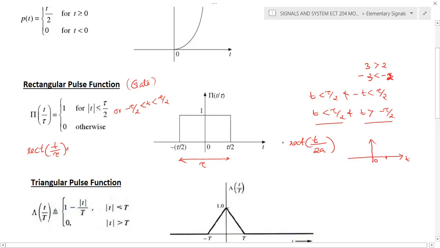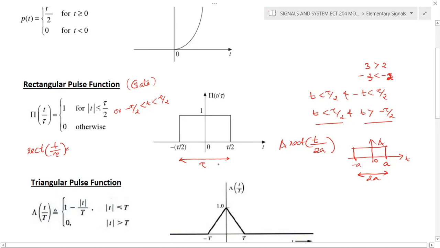For example, if you are writing rect of t by 2a, this is a here, and here it is minus a, because the width of the function is given as 2a, and the amplitude is 1. This is rectangular t by 2a.